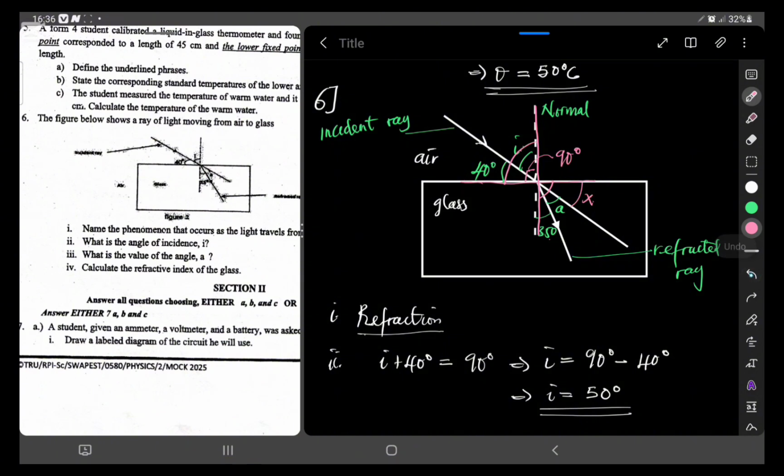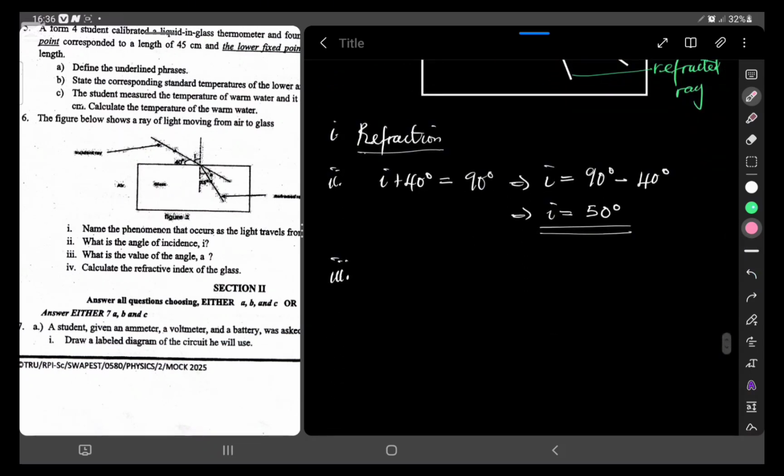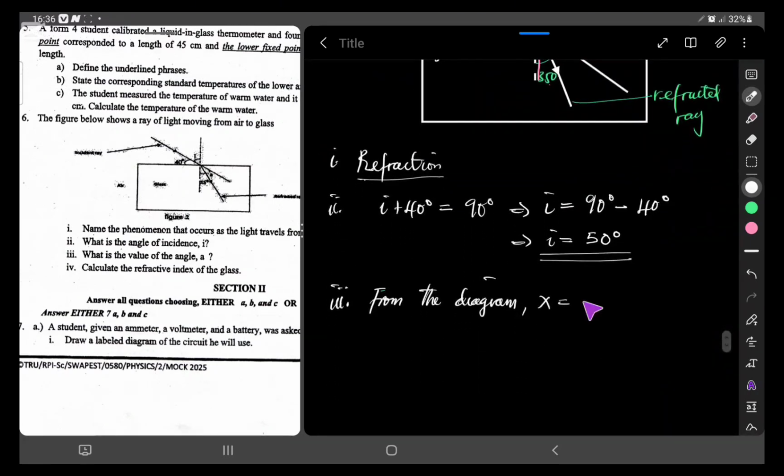So from the diagram, X is equal to 40 degrees, since opposite vertical angles are the same.